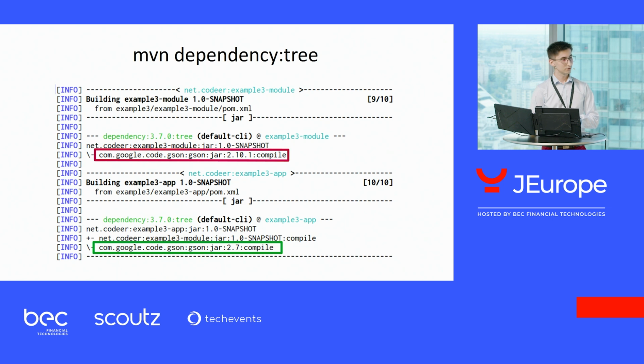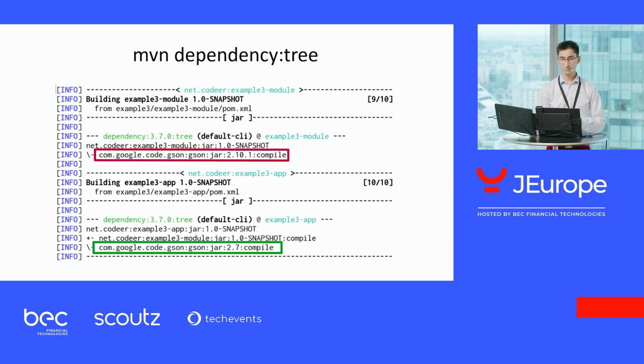We can also use the dependency tree to help us see what dependencies are used in our application. And in this example, we can see that even in example 3, the module is using JSON in version 2.10, but the application is using version 2.7.